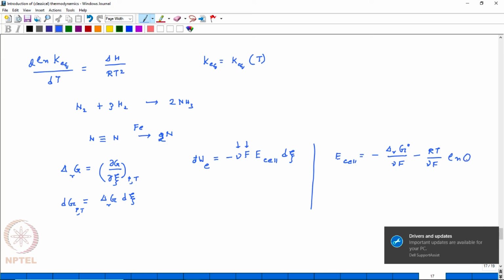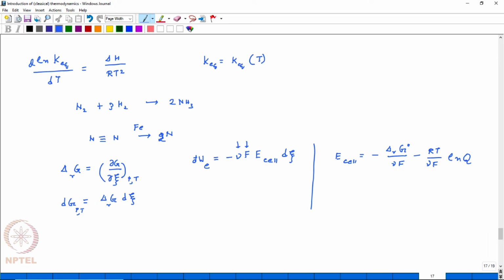Usually many textbooks write it as n RT ln Q, and at equilibrium this will be 0. So then I will have minus ΔrG° over nu F minus RT divided by nu F ln Q at equilibrium.